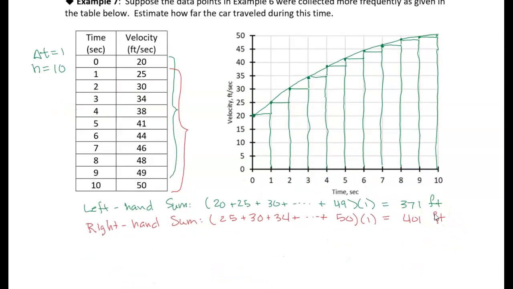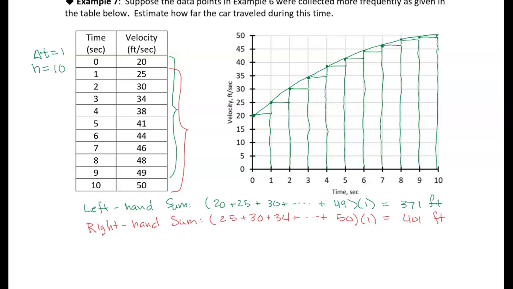I'm going to scroll up a little bit. And then for the right-hand sum, I'm just taking the data points from 25 to 50, adding them up and multiplying by the time interval, which is 1, and I get 401 feet. Okay, so those are now my upper and lower bounds for the estimate of the distance, how far the car traveled.